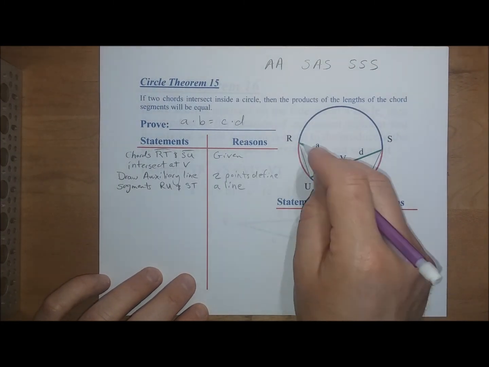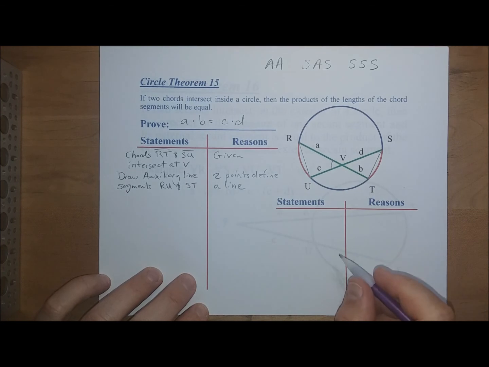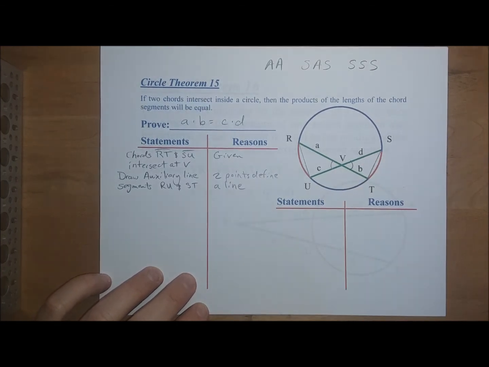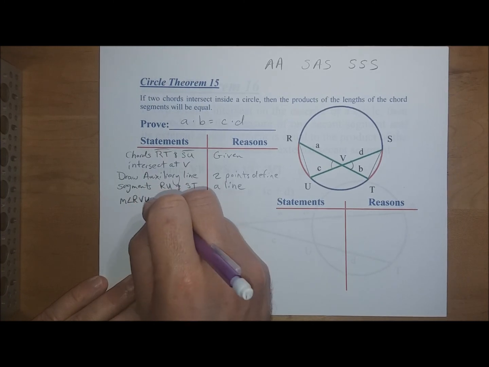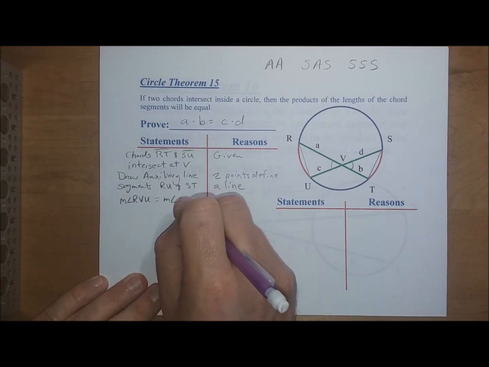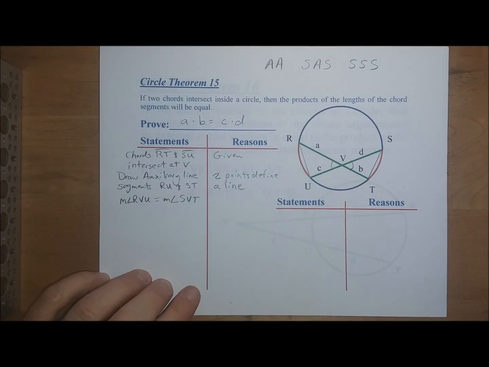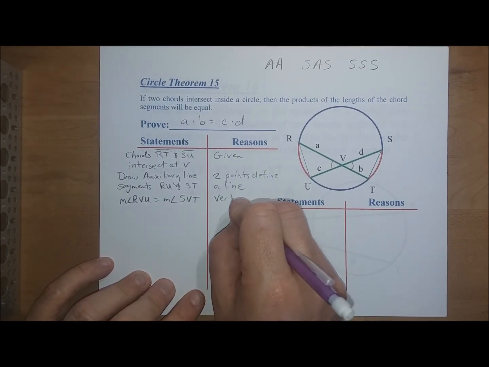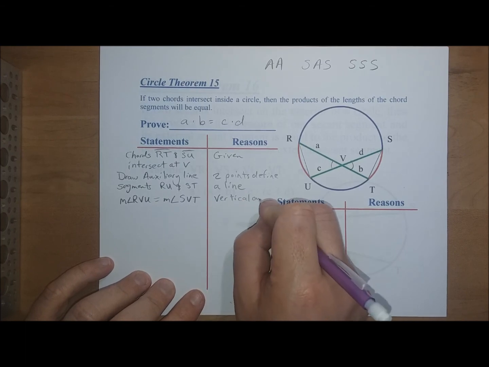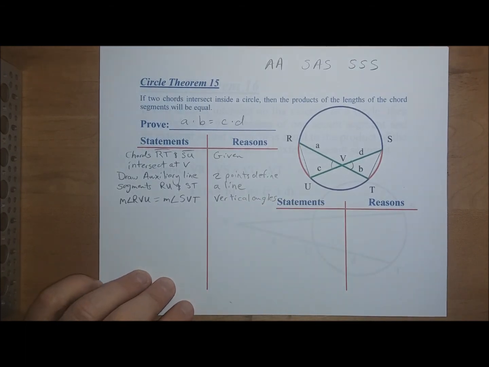I'm going to go straight for angle RVU congruent to angle SVT. We know that's true, right? The measure of angle RVU equals the measure of angle SVT. Or I could say they're congruent. Okay, the reason is those are vertical angles. Okay. All right.